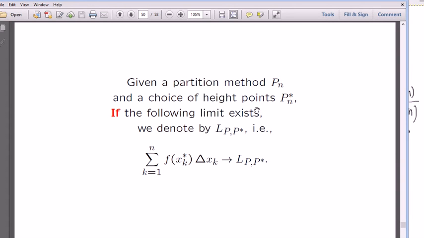So whatever n I give you, you know how to compute those. Sometimes it doesn't happen, but if the following limit exists, we're going to denote it by L with a subscript depending on this partition method and on the choice of height points. What is that limit? It is the sum here as n approaches infinity.